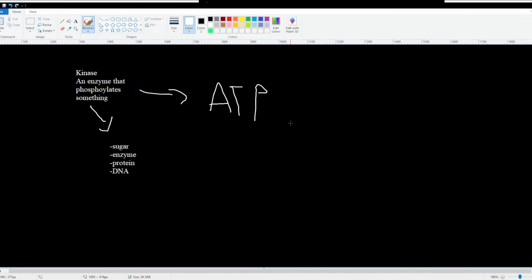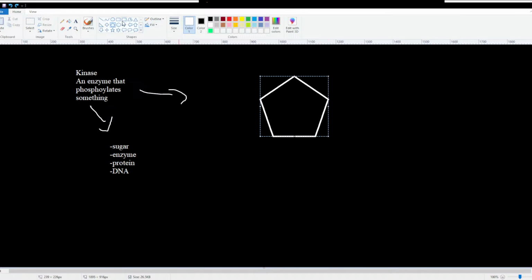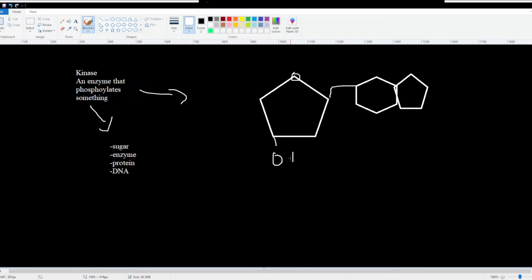So now let's look at the structure of ATP. If you remember your nucleotides, you'll notice that ATP is actually adenosine triphosphate, and adenosine is one of your nucleotides.